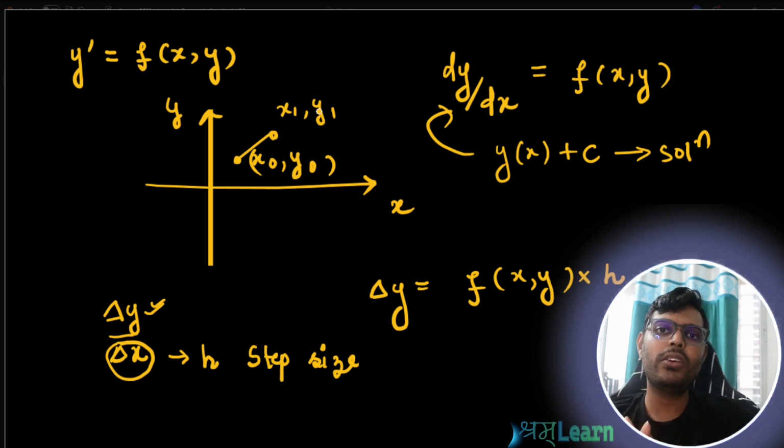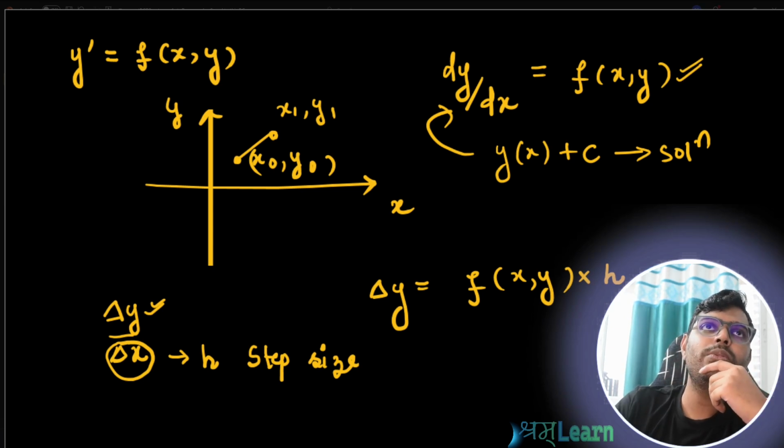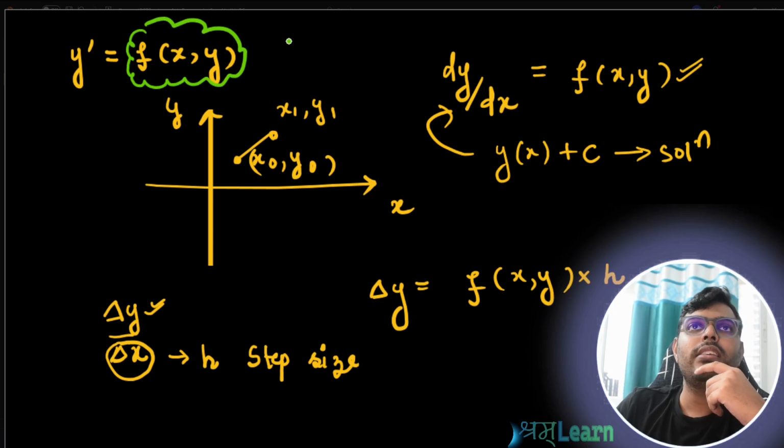How? Because we know how y is changing, because this function is known. What is known is this function, and this gives the slope or the change.